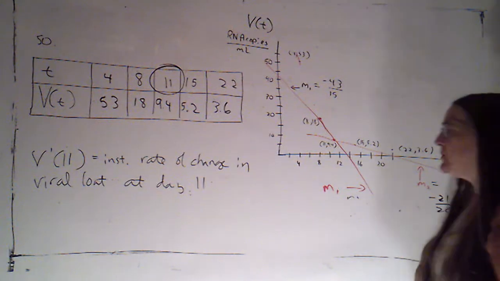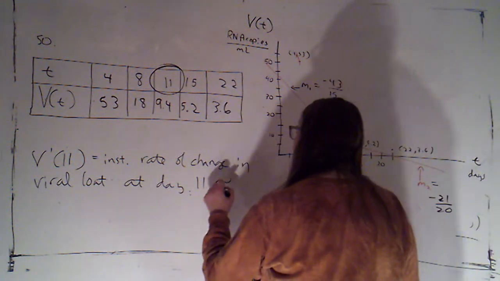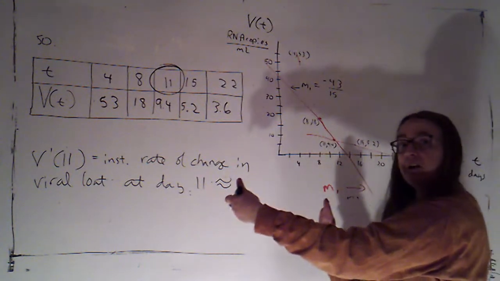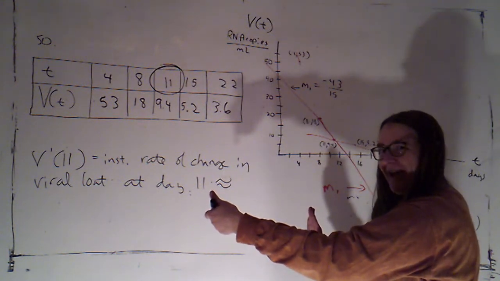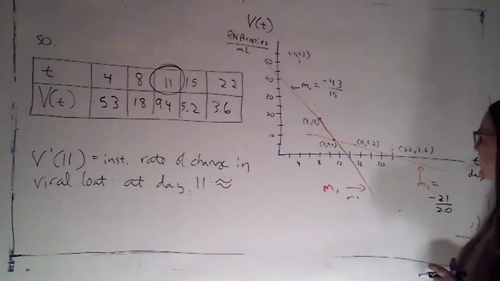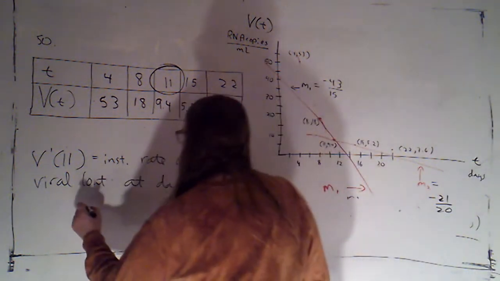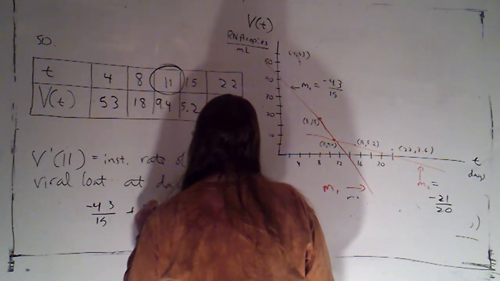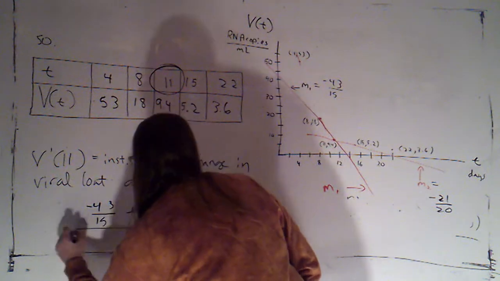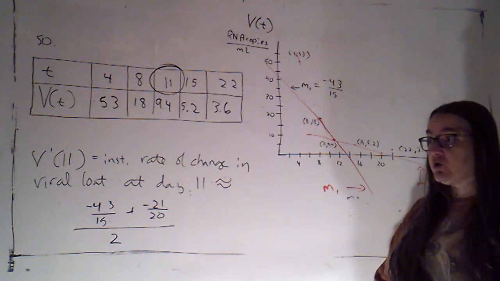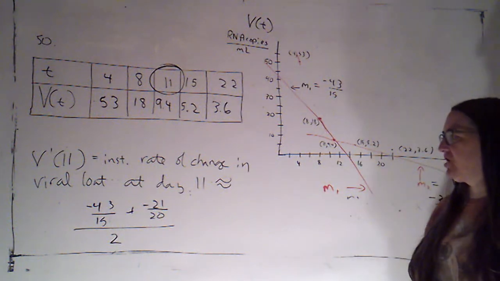So what I'm going to do instead is I'm just going to average these two slopes, the slope of the secant line I got using the closest point to the left, and the slope of the secant line I got using the closest point to the right. So that would be negative 43/15 plus negative 21/20 divided by 2. That's the average of those two average rates of change.